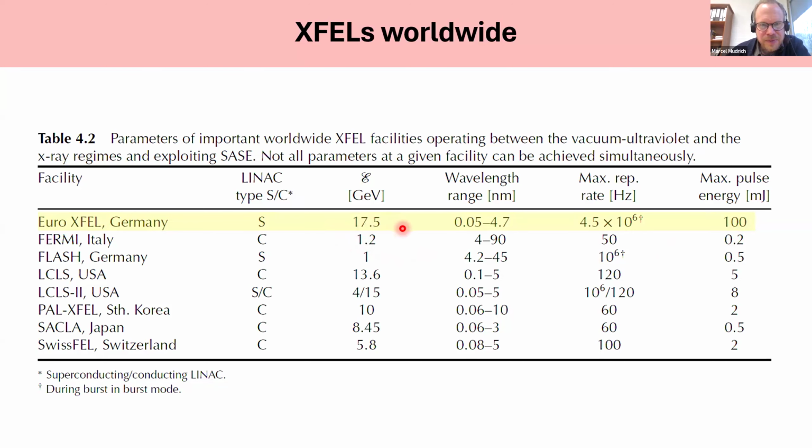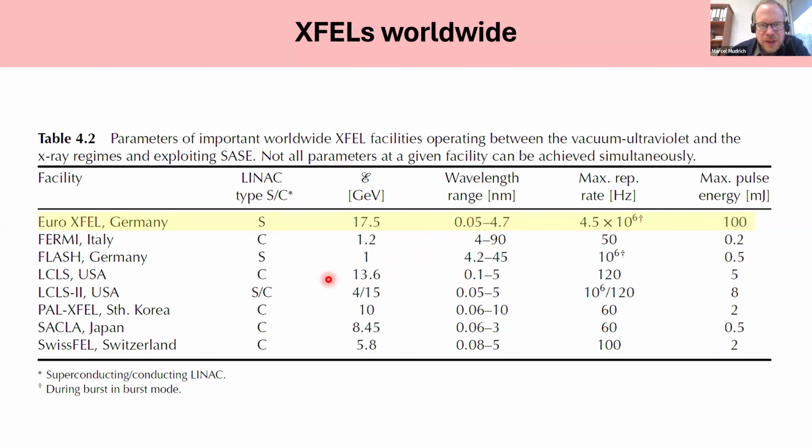And also, this is really an FEL going into the hard X-ray. Even 30 keV, sorry, that's the photon energy; the electron energy is 17.5 GeV. The wavelength is only shown in wavelengths, but this goes up to 30 keV, so extremely short sub-nanometer wavelength, some sub-angstrom wavelength.